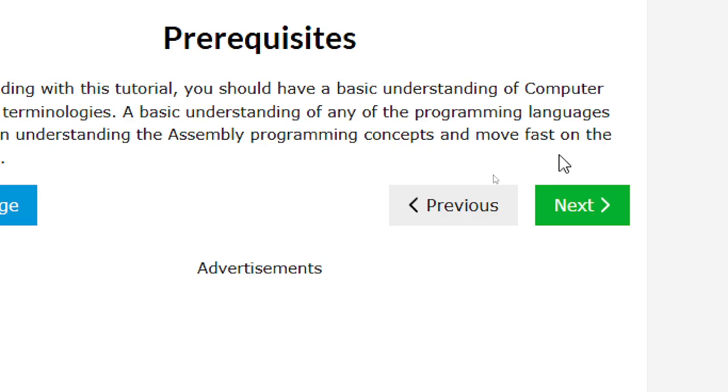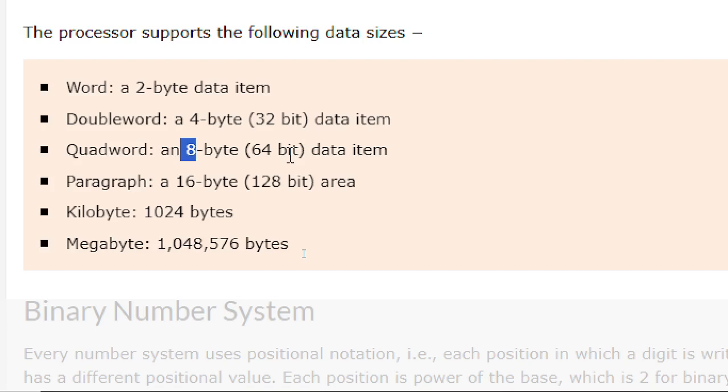Okay, so word means 2 bytes, double word 4 bytes, quad word 8 bytes, paragraph 16 bytes, kilobyte 1024 bytes, megabyte. If it says 2 bytes, okay, so let's make it clear.